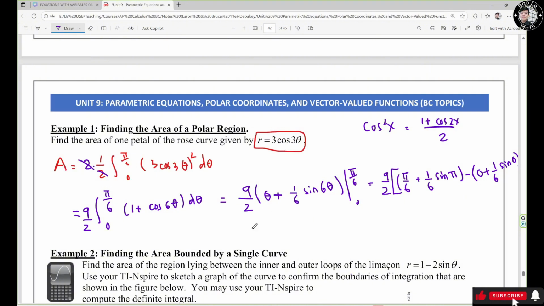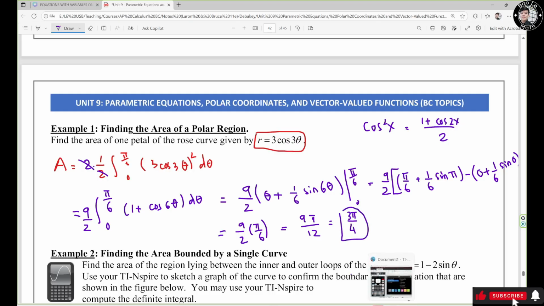Sine of pi equals 0, and this one equals 0, so this turns out to be 9 over 2 times pi over 6. So the answer is 9 pi over 12. Divide the top and bottom by 3, so it could be 3 pi over 4.